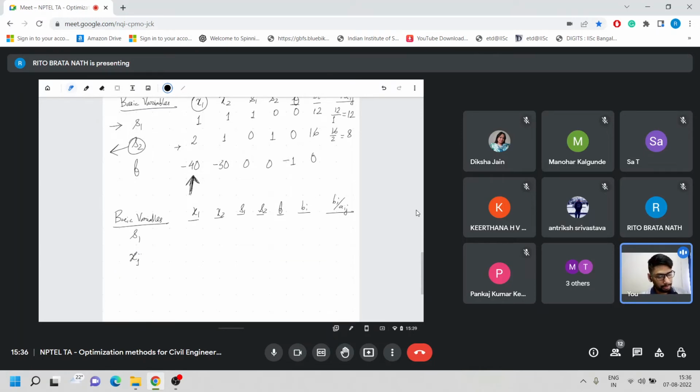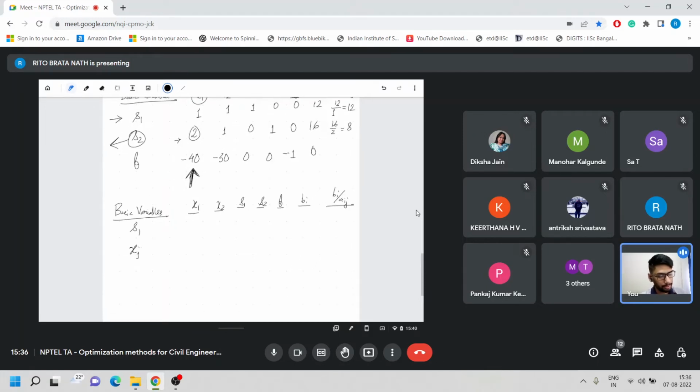So what you have to do is change this value of 2 to 1, and for all the other rows in this column, you have to make those values 0. For this one, you can make it from 2 to 1 by dividing this entire row by 2.